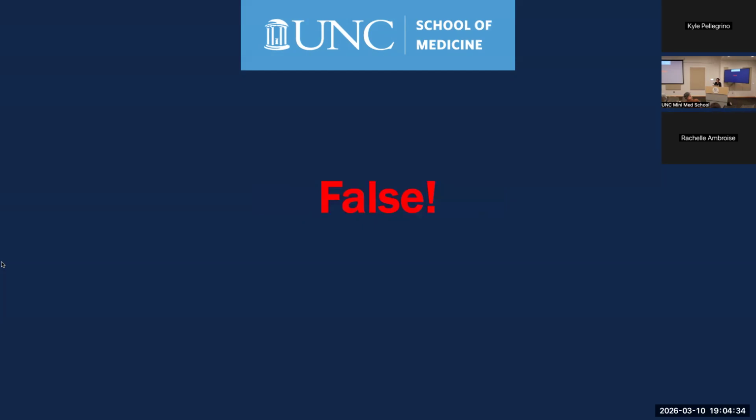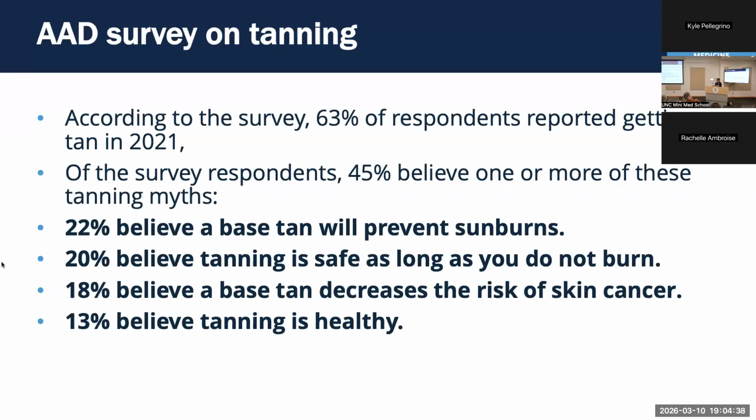Unfortunately, I do hear this not infrequently. The AAD did a survey and found that 63% of people who responded did get a base tan, and 45% of them believed one of the following: that a base tan will prevent sunburns, that tanning is totally safe as long as you are not getting burnt, that a base tan helps reduce the risk of skin cancer, or that it's actually healthy.